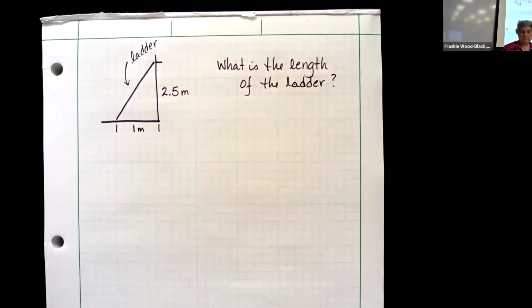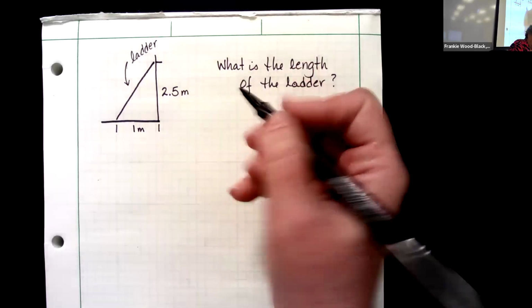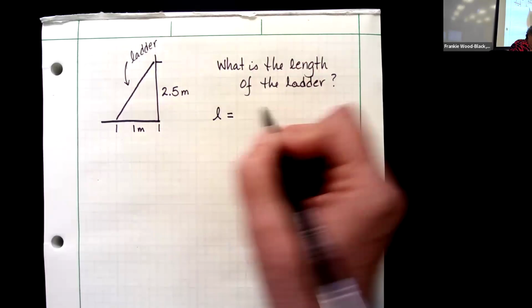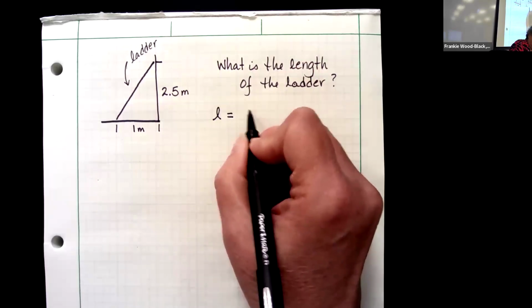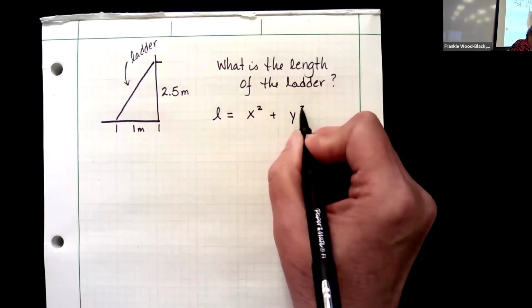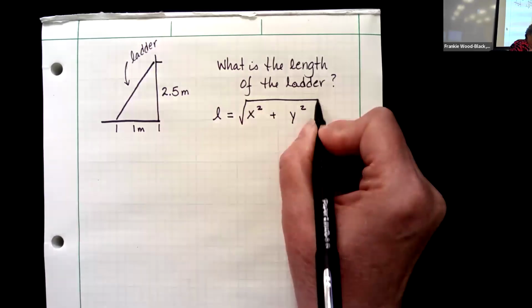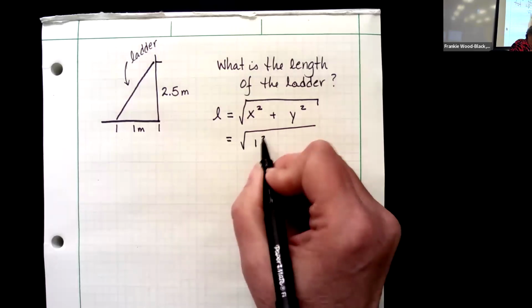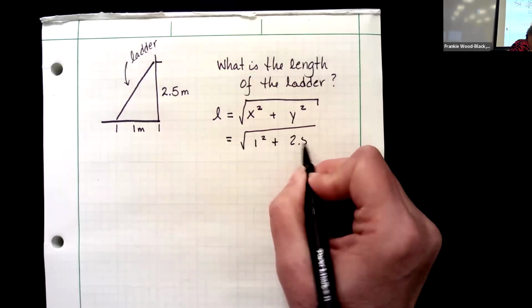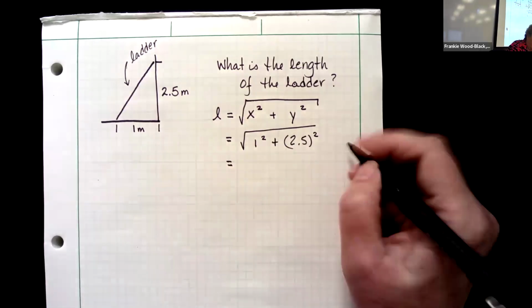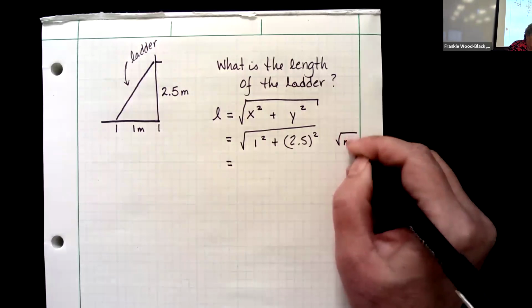I'm given my picture. I know what I've got. Well, this is going to be easy. The length of my ladder is going to equal the square root of x squared plus y squared. And that's going to be the square root of 1 plus 2.5 squared. Now I'm in meters, so underneath my square root, I have meters squared.